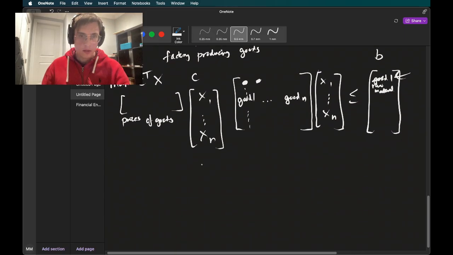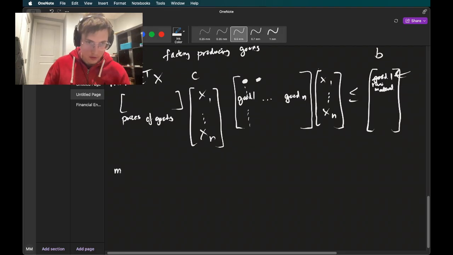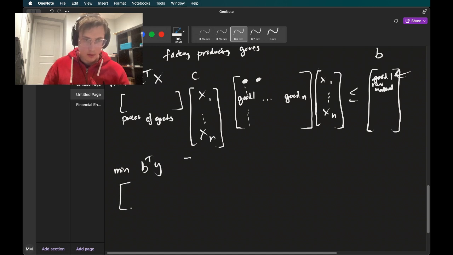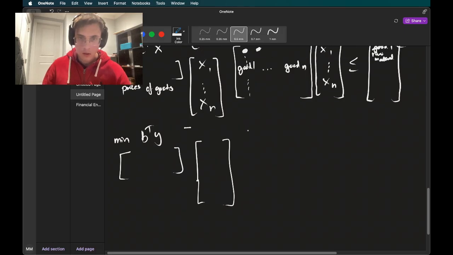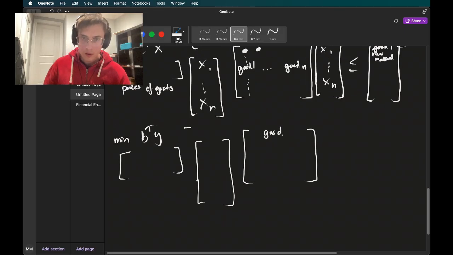Okay, so now let's talk about the dual problem. The dual problem is this: minimum of b transpose y, where, and then again I'm going to draw this out, like this. And then we have A transpose. So now we will have good 1 on top here because we've transposed it, down to good n.